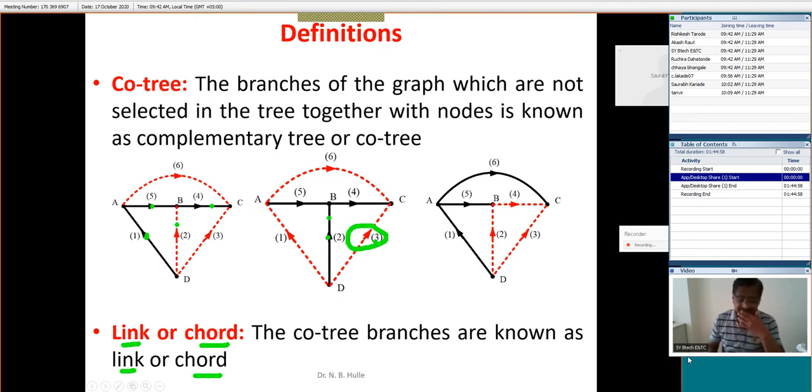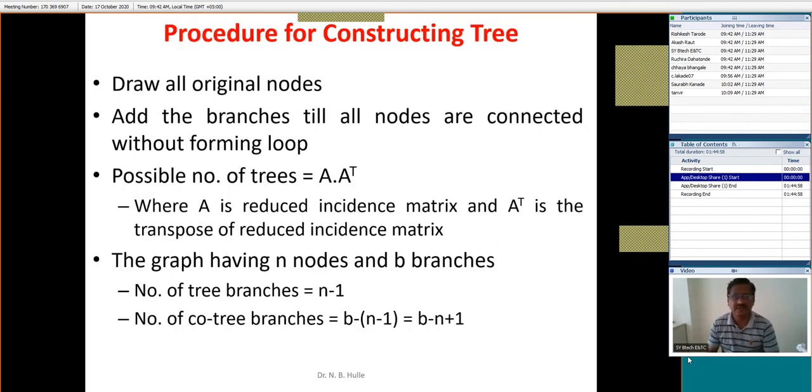Now here, there is a formula for number of cotree branches. What is the formula? I will show that and then I will discuss. Here, the procedure for constructing a tree, I have already discussed. How is the procedure?